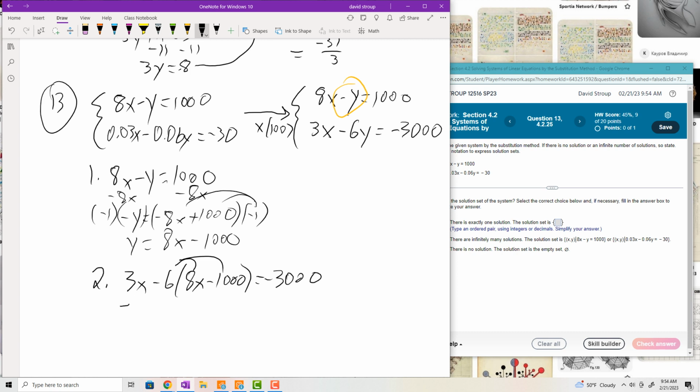Simplifying the left-hand side, I'll have 3x minus 48x plus 6,000 equals negative 3,000. So I have negative 45x, combining like terms. Move the 6,000.